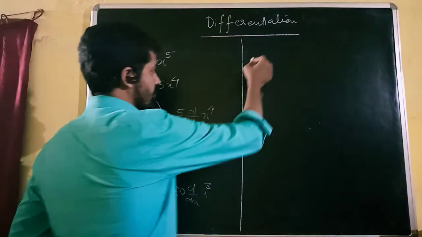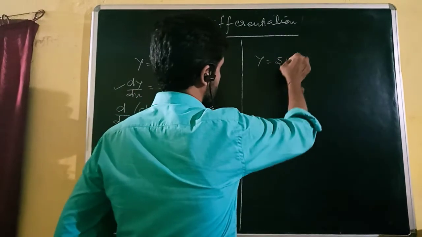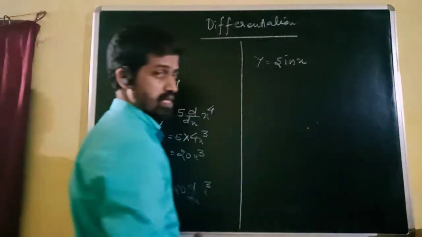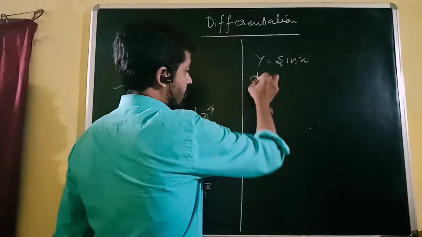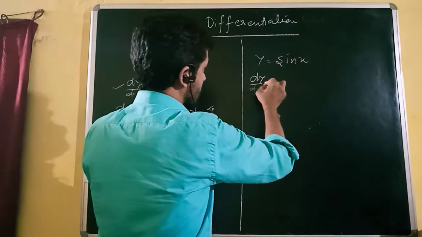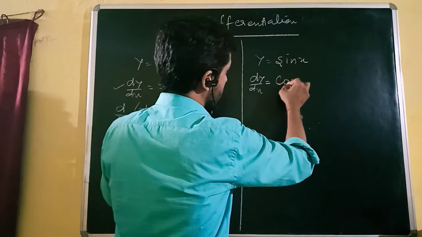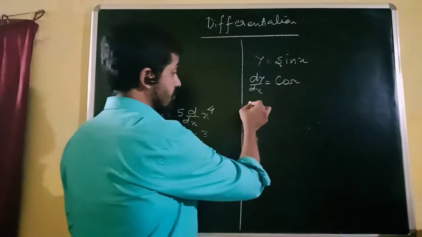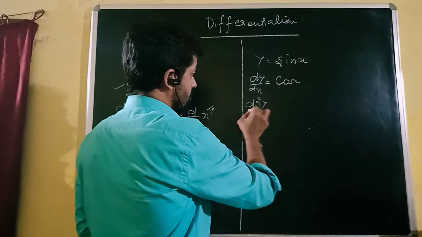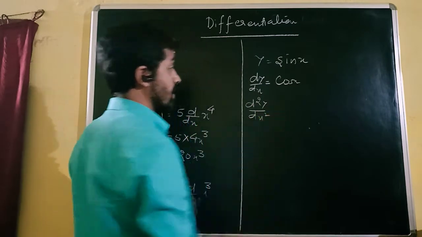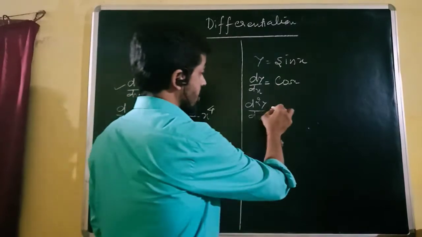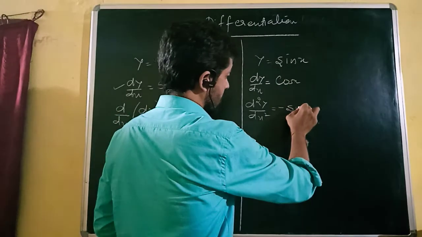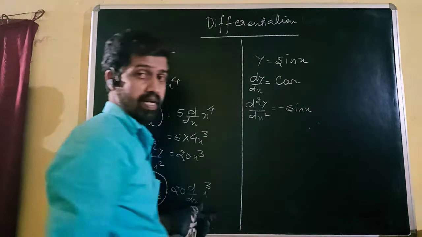Take another case. If I take y equals sine of x, the first order derivative is found to be cos x. If I differentiate it further, that means I am going to find the second order derivative, so cos x differentiation is minus sine x.